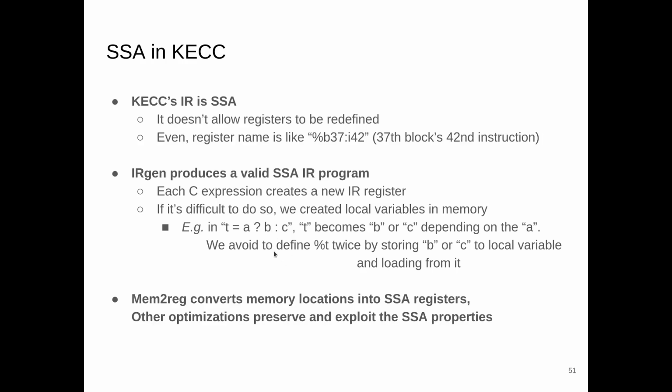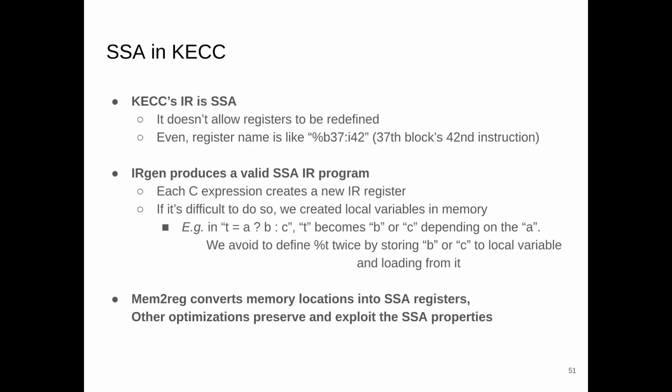Later in the join block, the continuation block, we just load from the memory location and use it to store to this memory location T. So this is basically the translation strategy we discussed in the previous lecture. And as a result, we satisfy the SSA property in the IRGen's output.